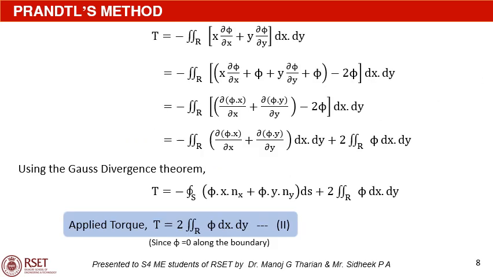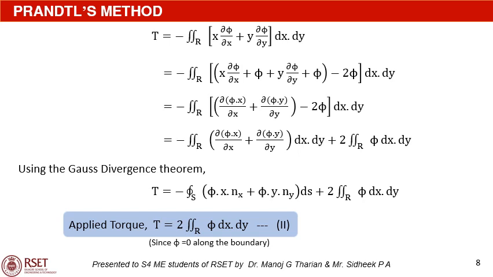Writing the stress components tau xz and tau yz in terms of the Prandtl stress function phi, the above equation becomes applied torque T is equal to minus double integral over the region R of x into ∂φ/∂x plus y into ∂φ/∂y, into dx into dy. Adding and subtracting 2 phi within the square brackets, the above equation becomes T is equal to minus double integral over the region R of [x ∂φ/∂x + φ + y ∂φ/∂y + φ − 2φ] dx dy.